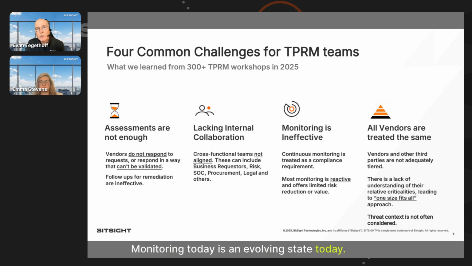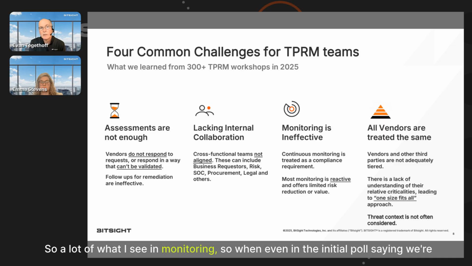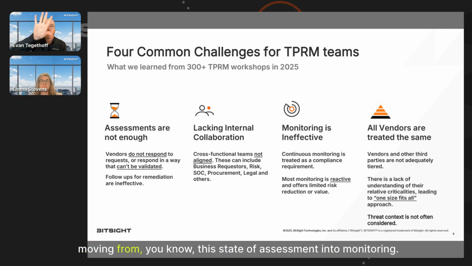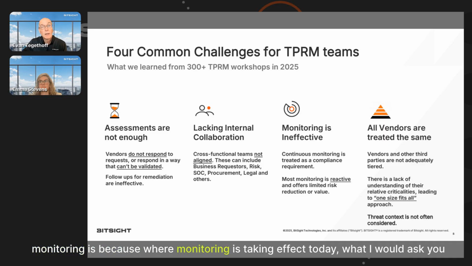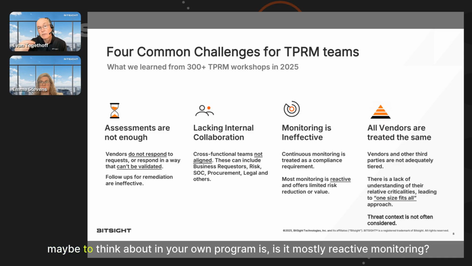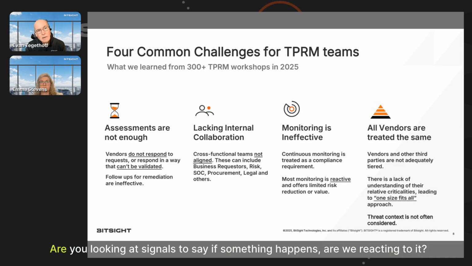Monitoring today is an evolving state. So a lot of what I see in monitoring, even the initial poll saying we're moving from this state of assessment into monitoring, I think we even need to start to think about advancing and maturing what monitoring is. Where monitoring is taking effect today, what I would ask you to think about in your own program is whether it is mostly reactive monitoring. Are you looking at signals to say if something happens, are we reacting to it?